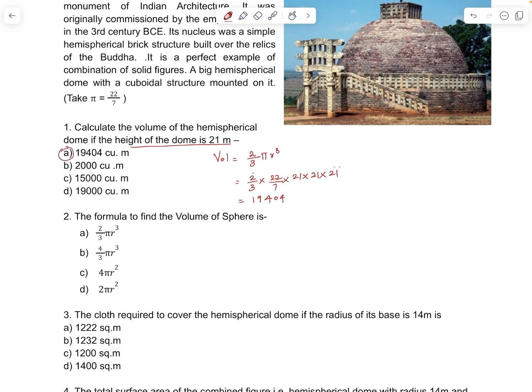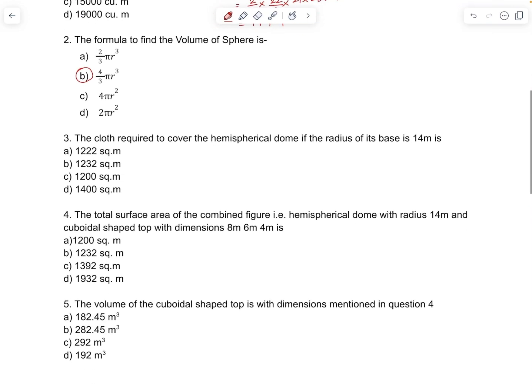Question 2. The formula to find the volume of the sphere is B. 4 by 3 pi r cube. Question 3. The cloth required to cover the hemispherical dome if the radius of the base is 14 meter. The radius of the hemispherical dome is 14 meter.